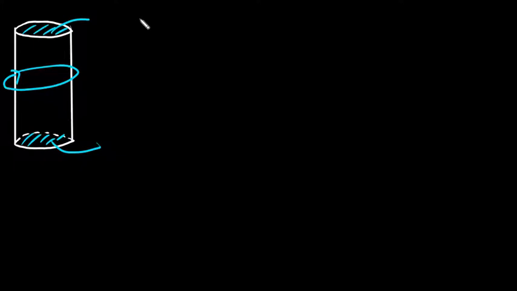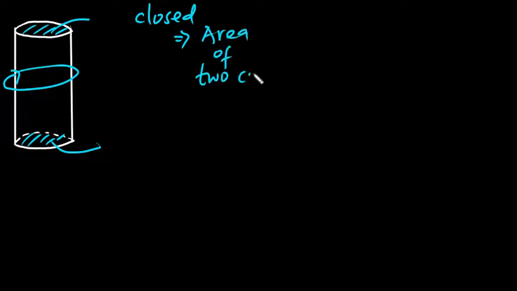So we have said for a closed cylinder, the surface area is going to be the area of the two circular parts, and then we add the area of the curved surface.